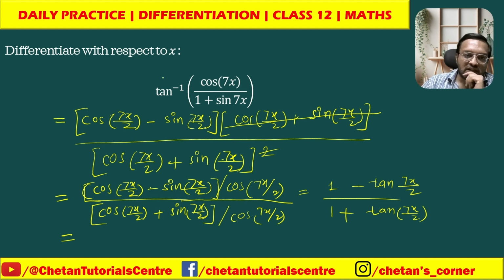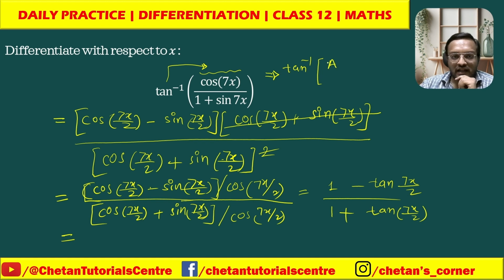Now here I have tan inverse. So I will convert this term inside the bracket in terms of a minus b divided by 1 plus a into b.